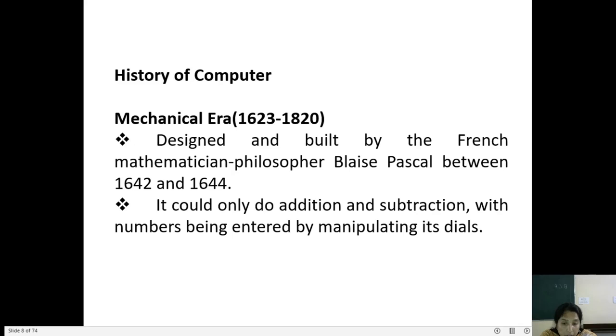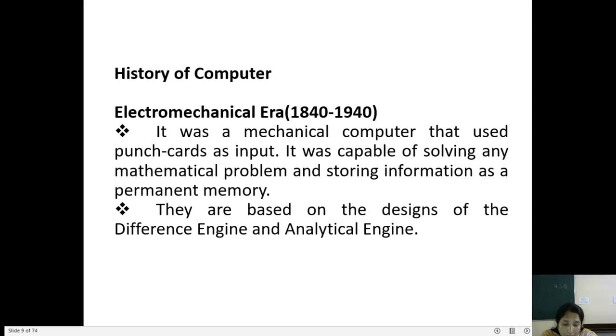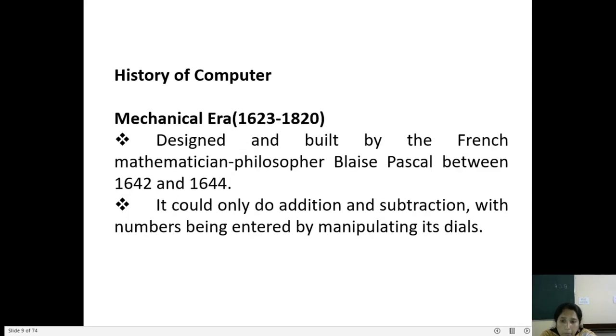In the same manner, he is the person responsible for introducing the Pascaline machine, which is used for addition and subtraction using numbers as well as manipulation. Then it was updated and many devices were introduced during that period. There was a German inventor called Gottfried Leibniz. He introduced the Leibniz calculator, an update of the Pascaline where you can do minute and fractional calculations.